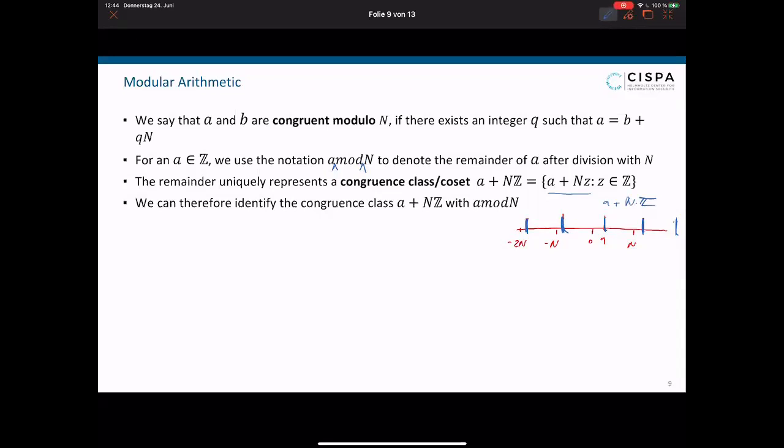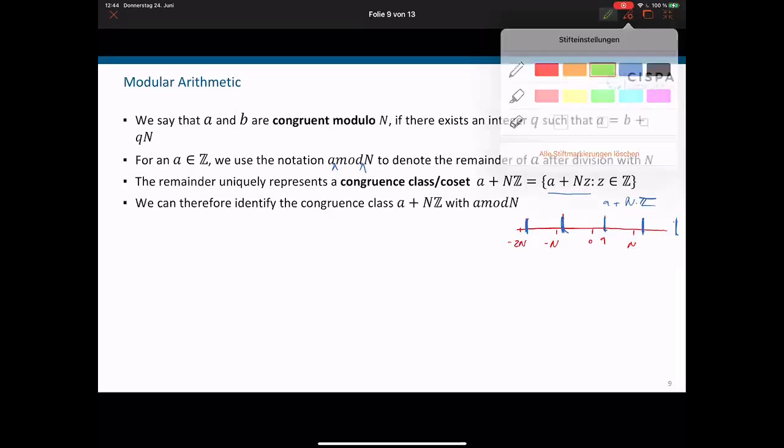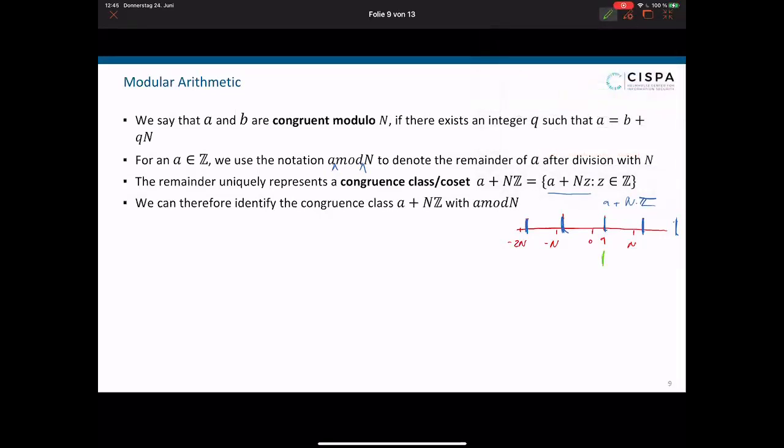But now you see there's infinitely many elements in this set. And when we want to represent this set, we just take the smallest positive element in this set to represent it, and that is just a modulo n, right?